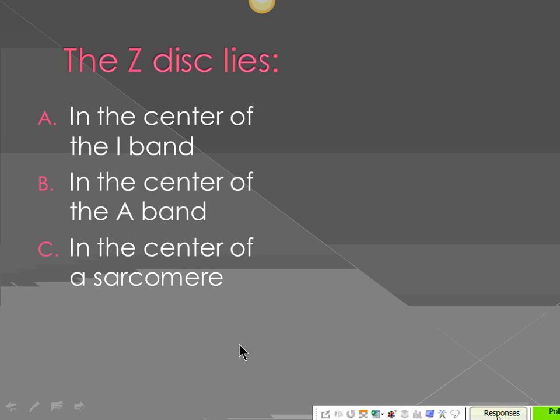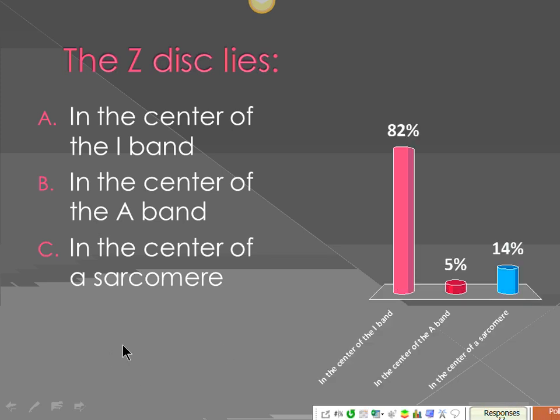Where does the Z disc lie? In the center of the I band.